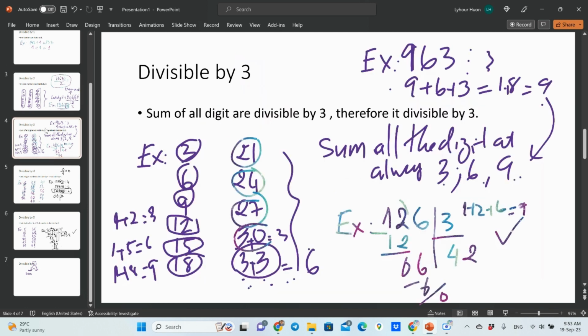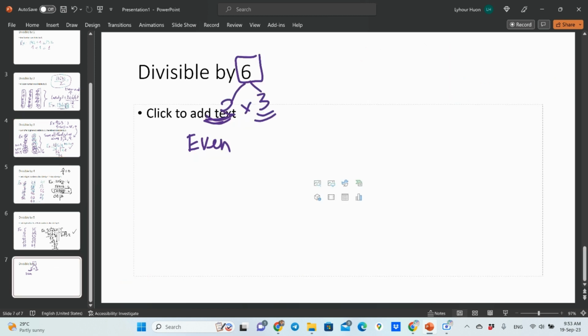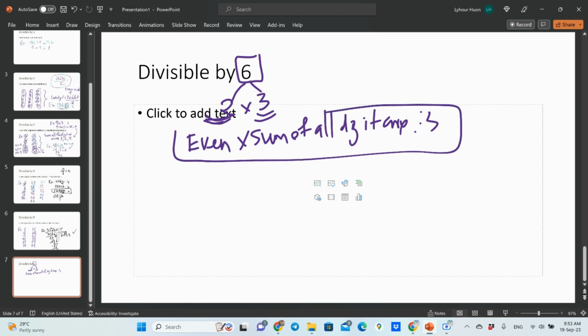The rule is here, right? The sum of all digits is divisible by 3. So if we mix these two conditions together, the sum of all digits is divisible by 3 and it's an even number.